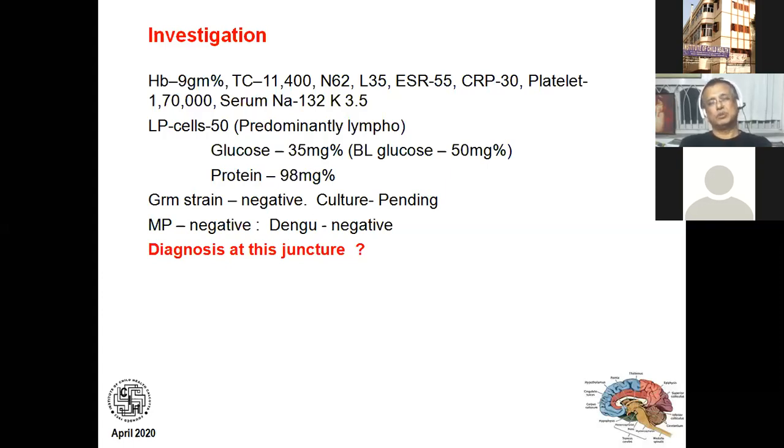In case of tuberculous meningitis, you have a raised cell count in the tune of 200, 300, maximum 500 with lymphocytic preponderance. Glucose is low, but it will never go below half the concurrent blood glucose, and protein is usually raised in the tune of 200, 300, or at the most 500.